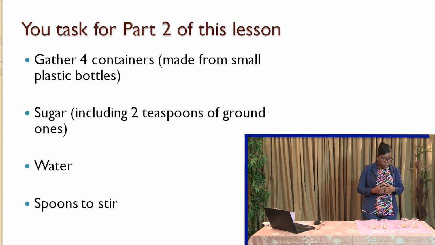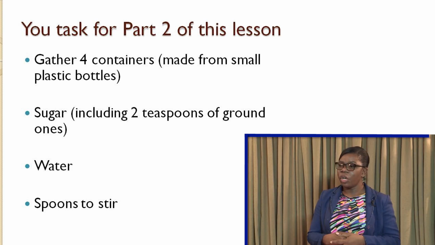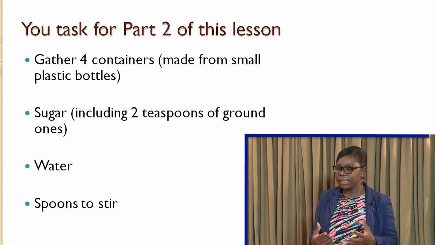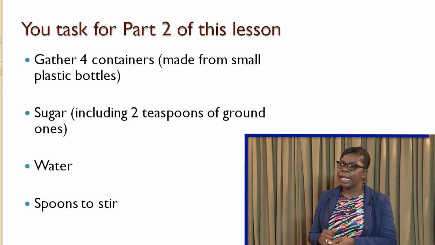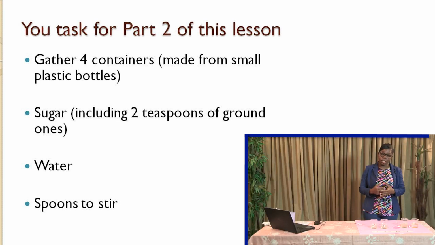And so, what I want you to get would be your 4 containers with equal amounts of water, a substance that will dissolve. You put them in 4 parts, and 1 part of it, or 1 teaspoon of it, I want you to make it smaller, grind it. Good? So you are more prepared for the next grade 5 lesson to work along with me and do your own investigation at home. Right?